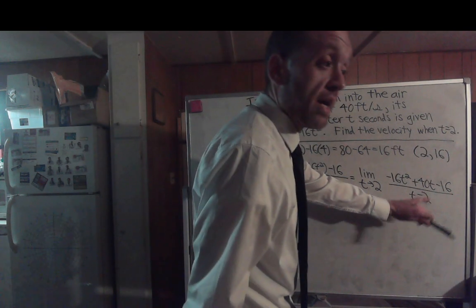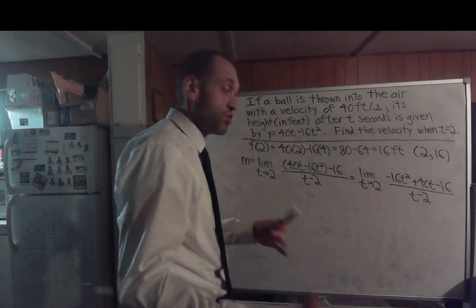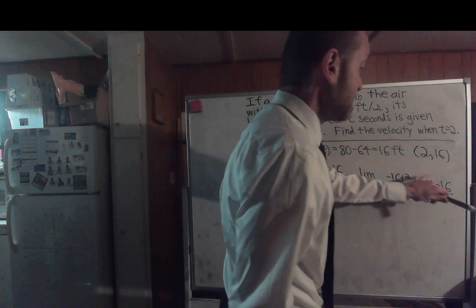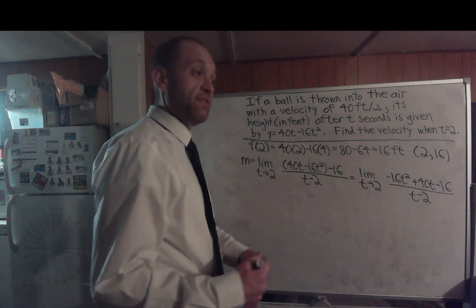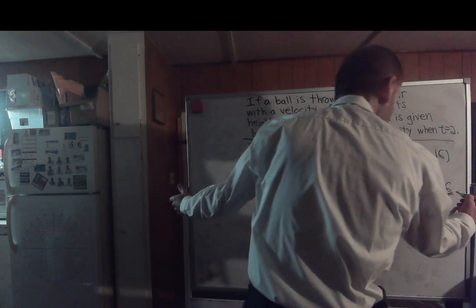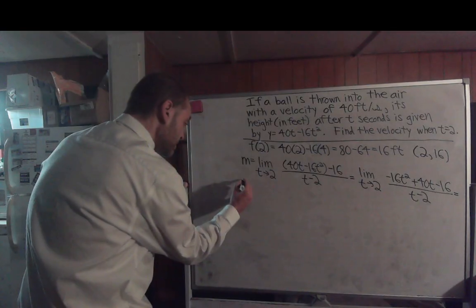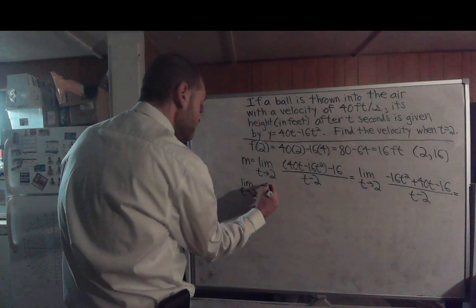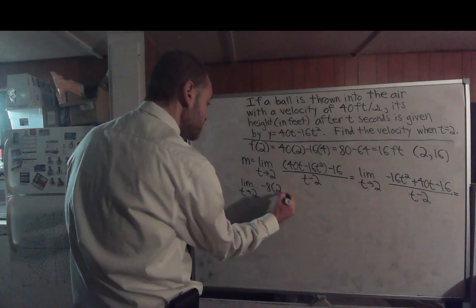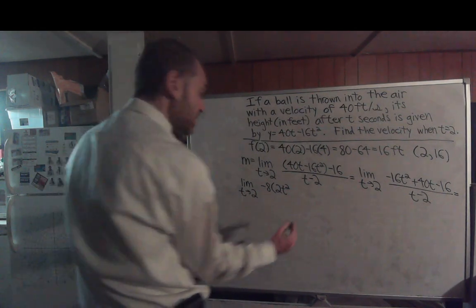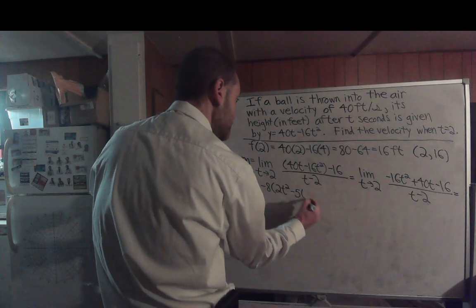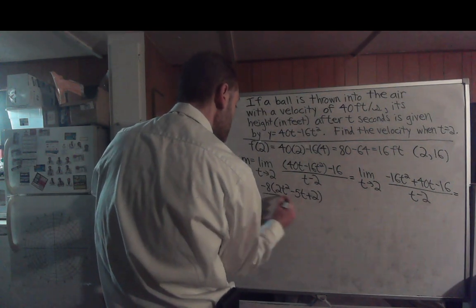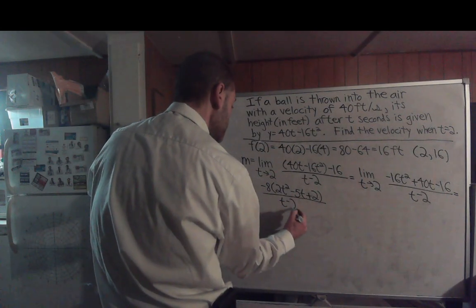Because as it stands right now, we can't use direct substitution. That's what we're trying to get to. Well, you have negative 16t squared plus 40t minus 16. You can definitely factor out a negative 8, can't you? This would end up turning into the limit as t approaches 2 of negative 8 times the quantity 2t squared minus 5t plus 2, all over t minus 2.